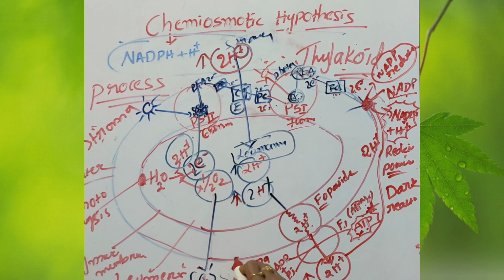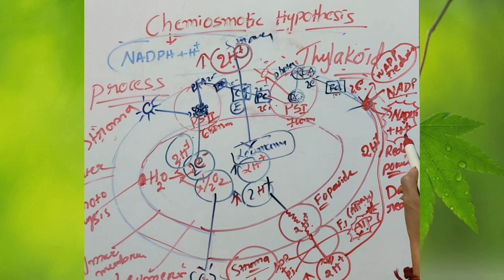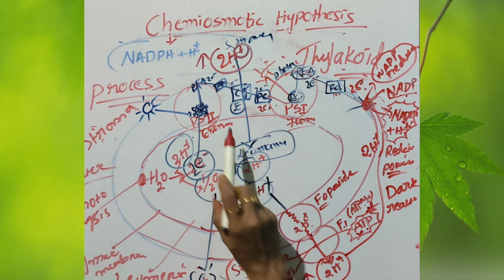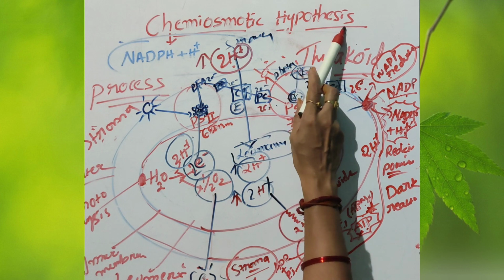Within the stroma, the chemical energy is released. What is the chemical energy? ATP molecule and NADPH plus H plus. With the help of what process? The osmotic hypothesis.